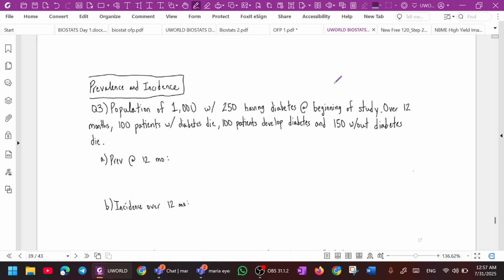What was the definition of incidence? Number of new cases, 100, divided by population at risk, so population that doesn't have the disease.